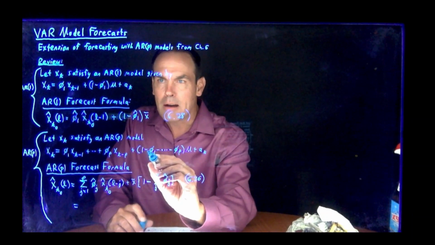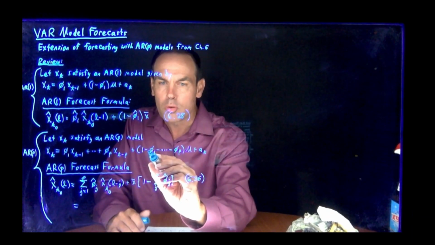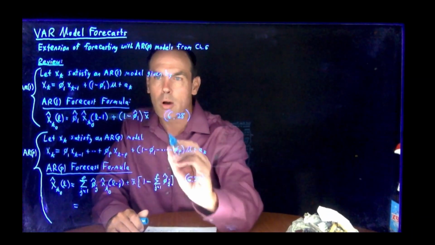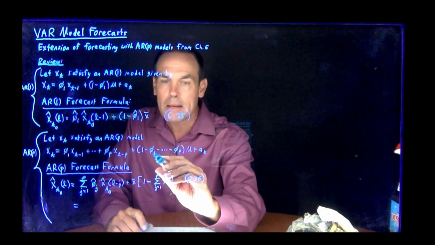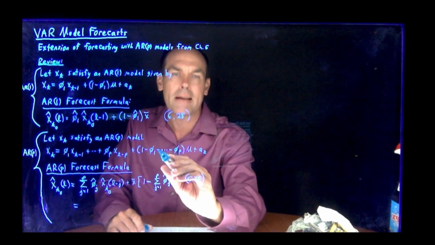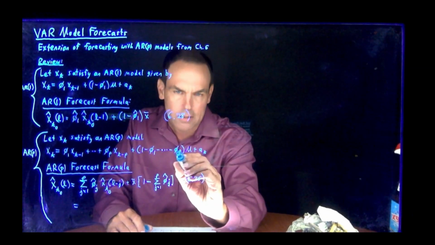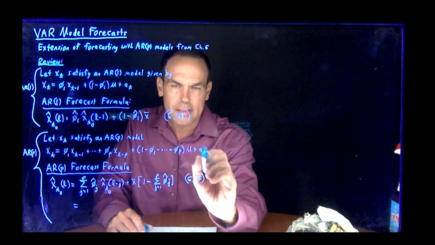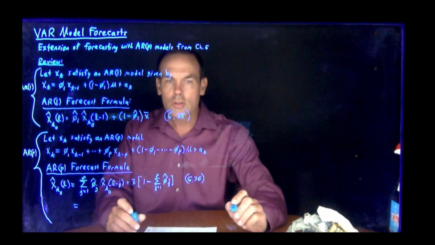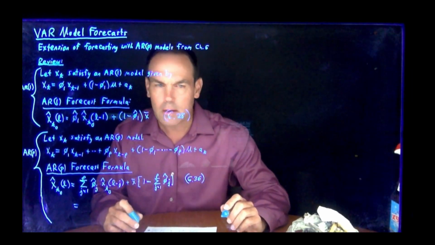Now let's talk about the phi terms and the mu terms. So instead of (1 minus phi1) mu, as it is in the AR(1), for the AR(p) we'll now need to go out to (1 minus phi1 minus phi2 all the way out to minus phi p) times mu plus a_t. So it makes sense that that's the AR(p) model.